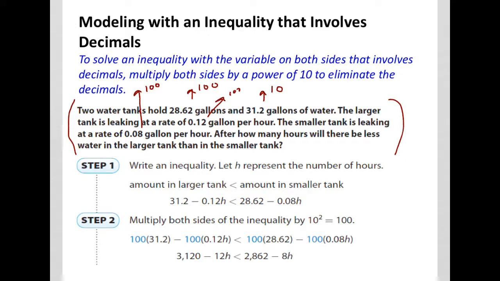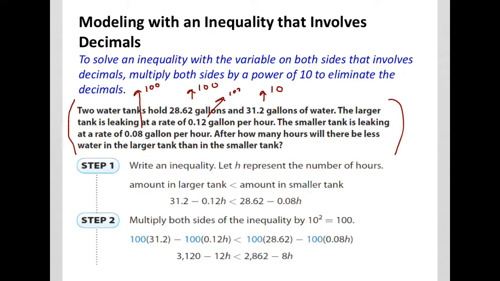So if we look at what we've just created already, we see that we need to look at the power of 10. We're looking at 100 instead of 10. So we've gotten that out of the way.